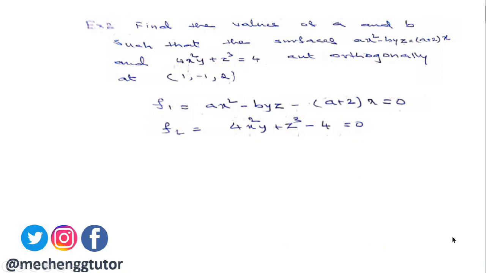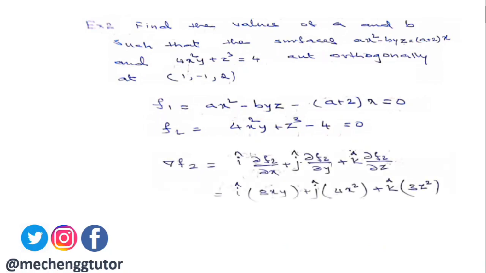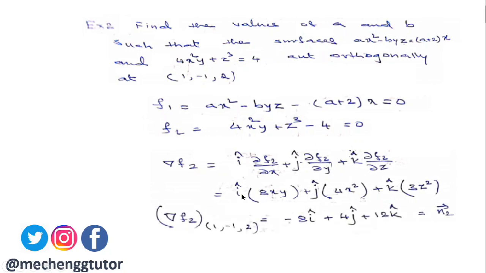Same procedure is to be followed for f2. Del f2 formula: i dou f2 upon dou x, j dou f2 upon dou y, k dou f2 upon dou z. i with f2 with respect to x, 8xy, then j into with respect to y is 4x square plus k into 3z square.